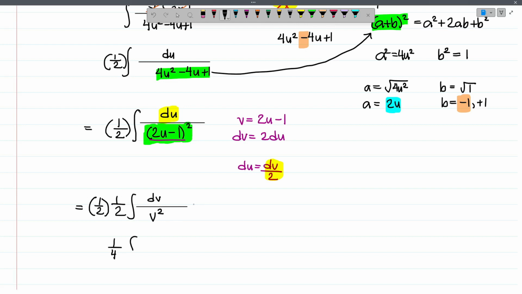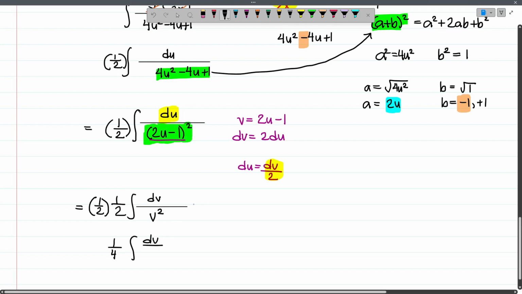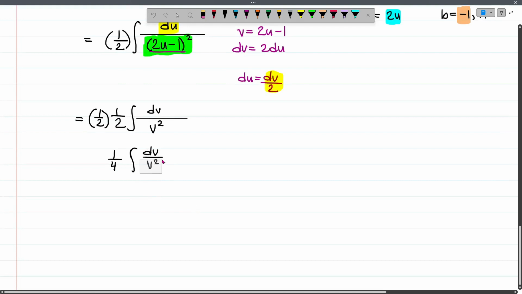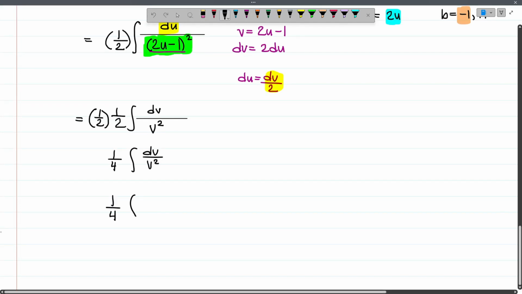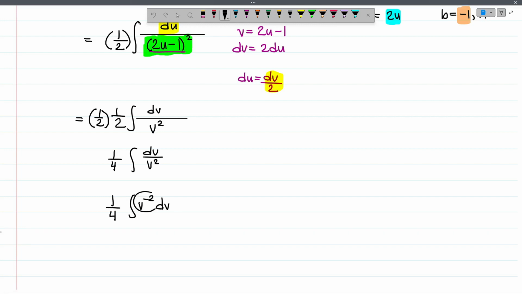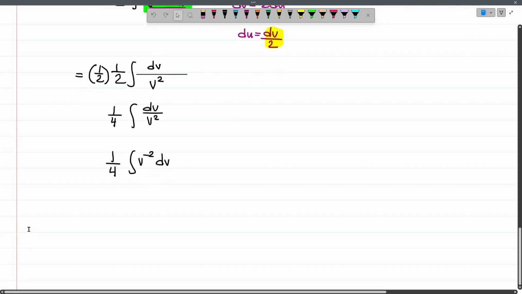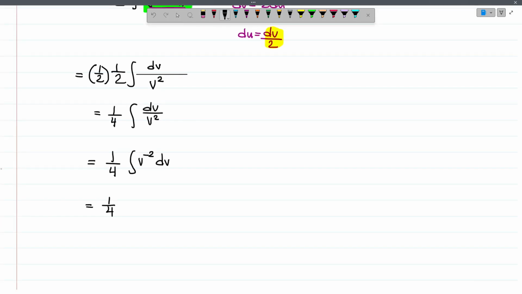And then we'll just actually integrate dv divided by v squared. And then we'll just move this up so that we can integrate easily. And so we have 1/4 and then the integral of v to the power of -2 and then dv. And so here, we can apply the power rule. So this will become 1/4 and then multiplied by v to the power of -2 plus 1 divided by -2 plus 1.